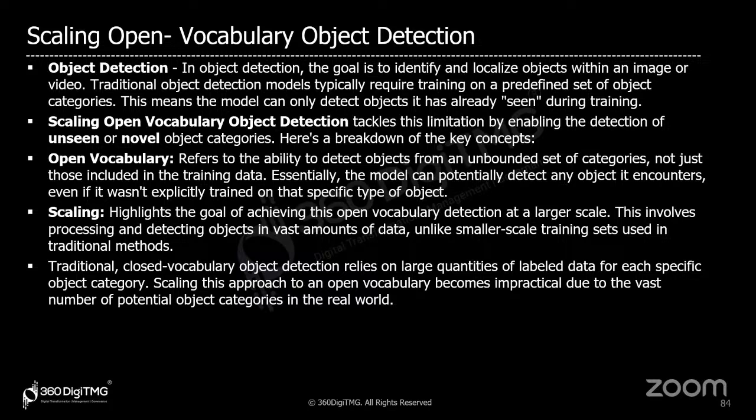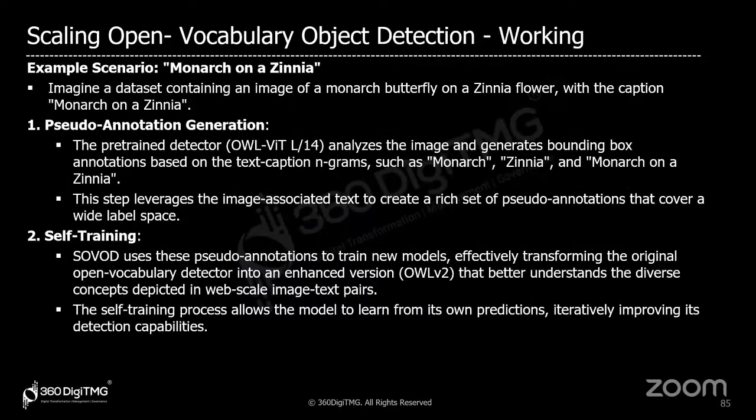Then there is scaling, which highlights the goal of achieving this open vocabulary detection at larger scales. A traditional closed vocabulary object detection model requires large quantities of labeled data for specific categories. See, these are some of the examples related to this. It will have a pseudo annotation generation.